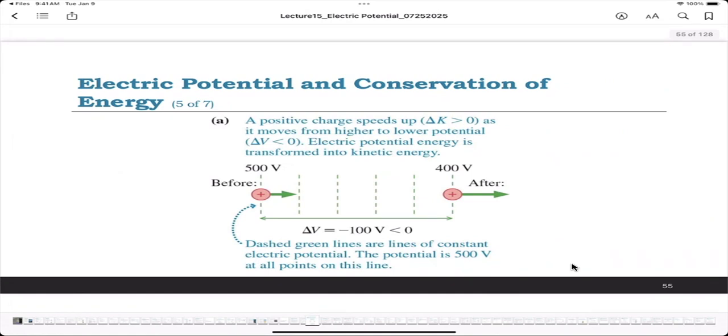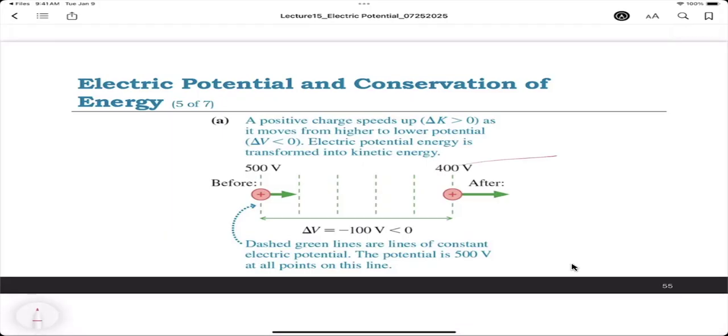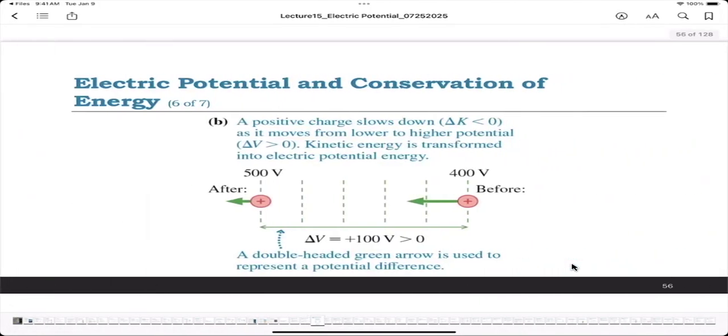The potential is 500 volts at all points on this line. And a positive charge slows down, delta K smaller than 0, as it moves from lower to higher potential. Delta V greater than 0, kinetic energy is transformed into electric potential energy.